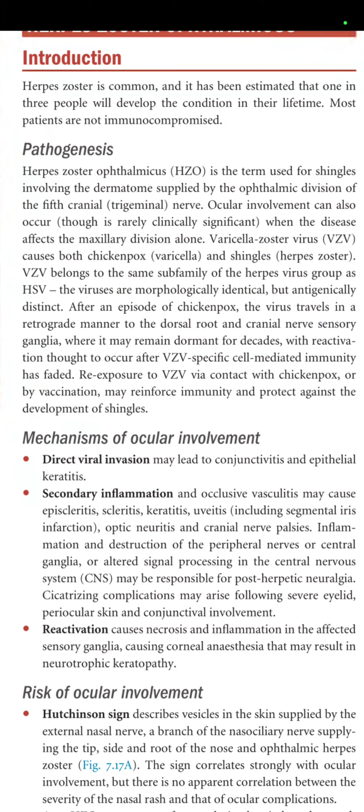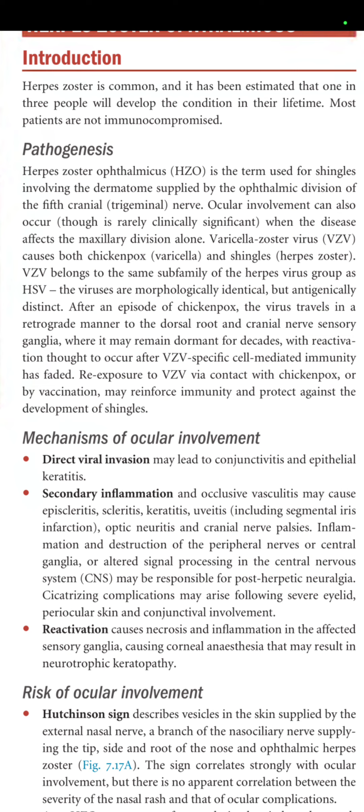After an episode of chickenpox, the virus travels in a retrograde manner to the dorsal root and cranial nerve sensory ganglion, where it remains dormant for decades, with the reactivation thought to occur after the VZV-specific cell-mediated immunity has faded. Re-exposure to VZV via contact with chickenpox or by vaccination may reinforce immunity and protect against the development of shingles.